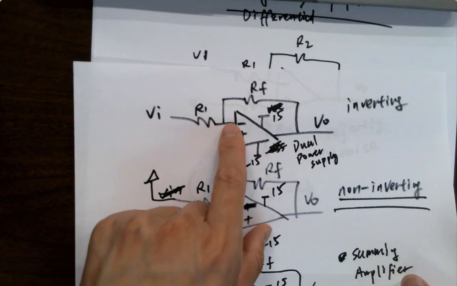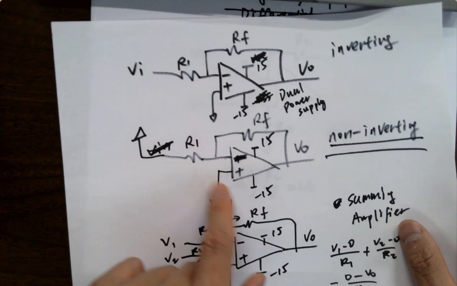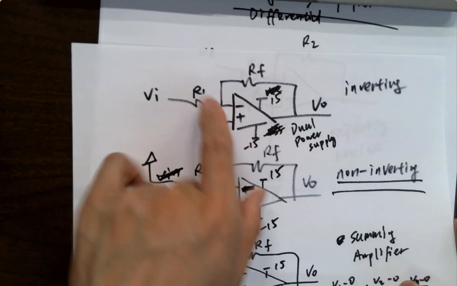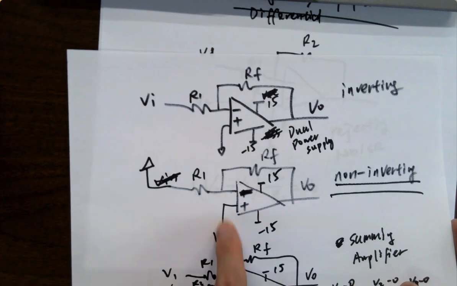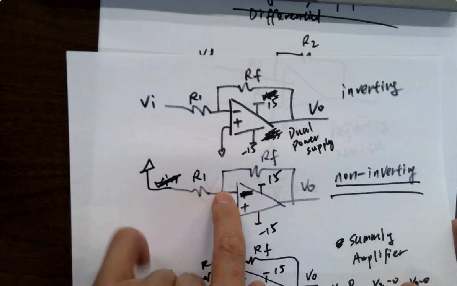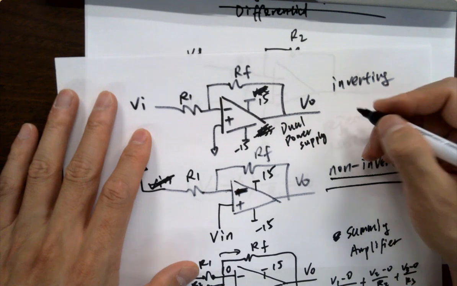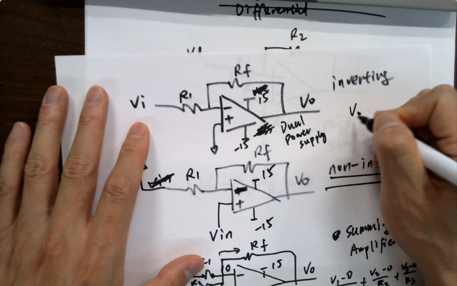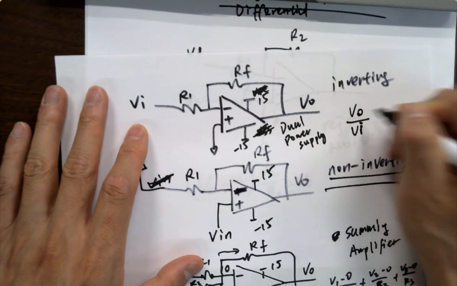This is just the normal, beginner, first level inverting amplifier. It's going to have a phase shift because it's inverted. This one is not inverting the signal. It has a high impedance input, because the voltage goes in here with no current, the voltage is measured here, and then you do the calculations. What's the gain of this one? Something else you can put on the cheat sheet: VO over VI.